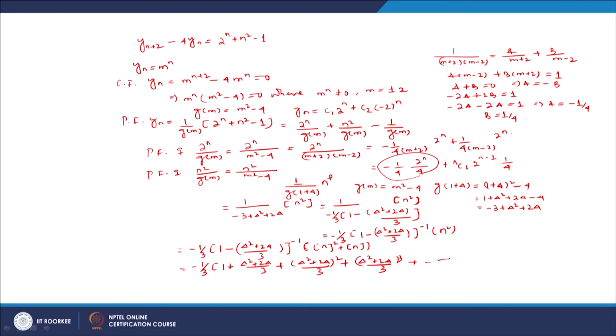So, likewise we can do this expansion operated on bracketed n square plus bracketed n here. And already we know that this delta operator is nothing but our forward difference operator only.